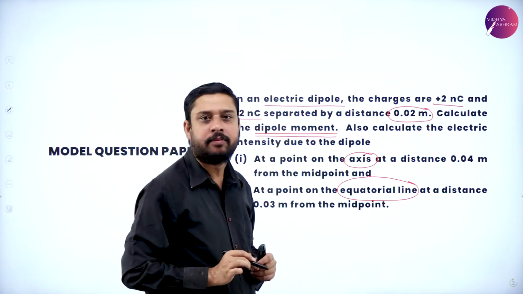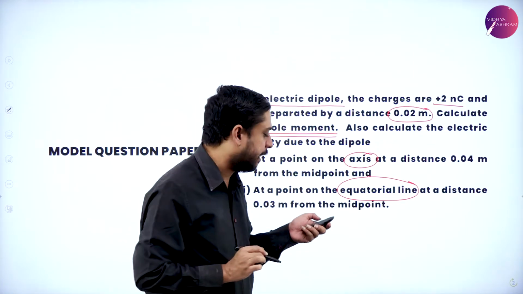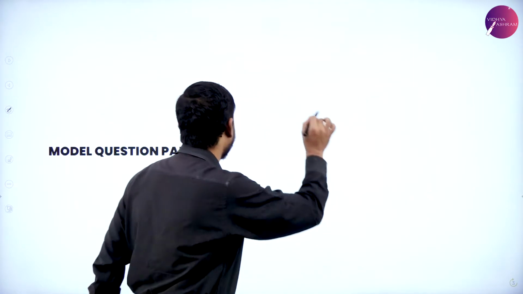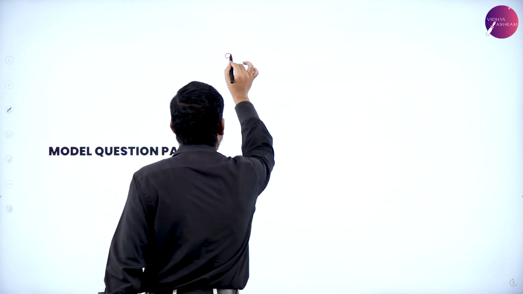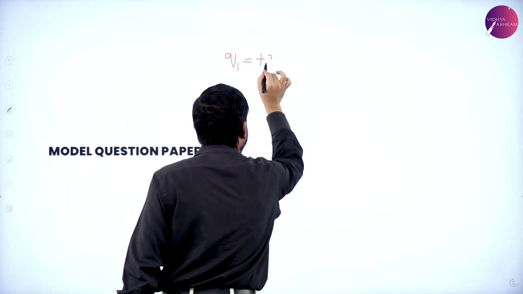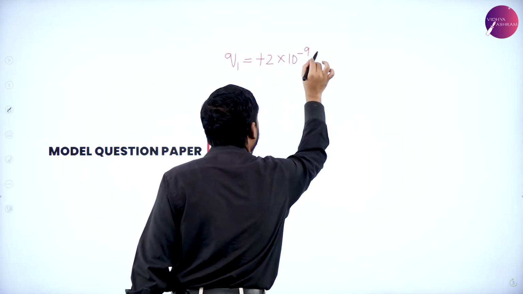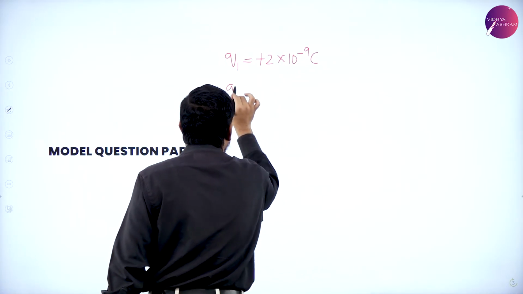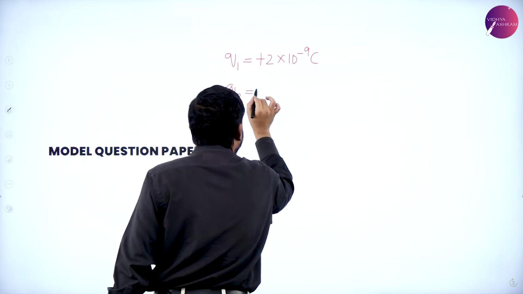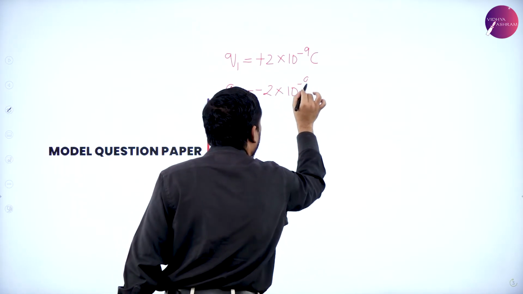equatorial line. So first we collect the data where we know Q1 is +2 nanocoulomb and Q2 is -2 nanocoulomb.